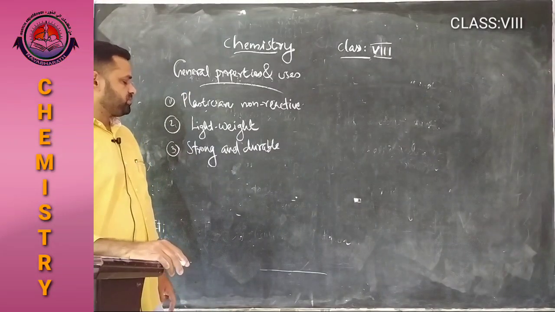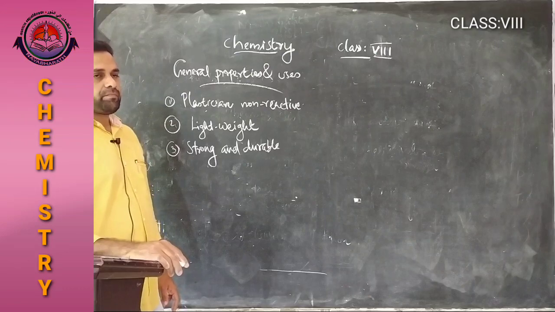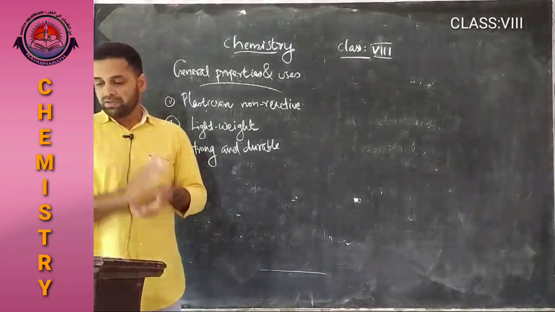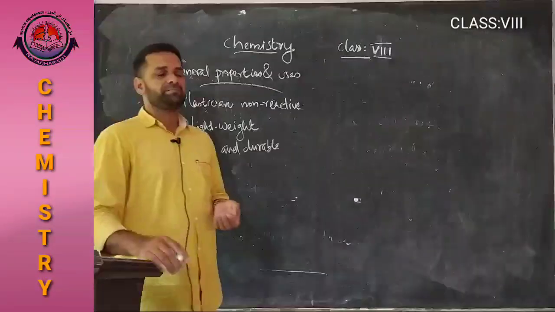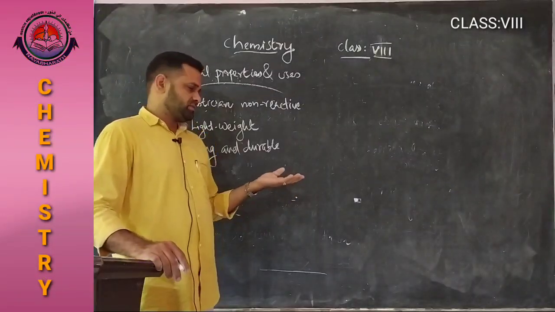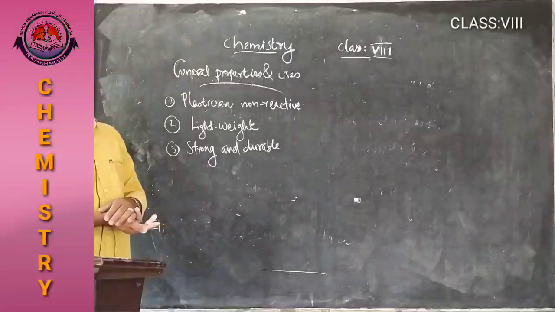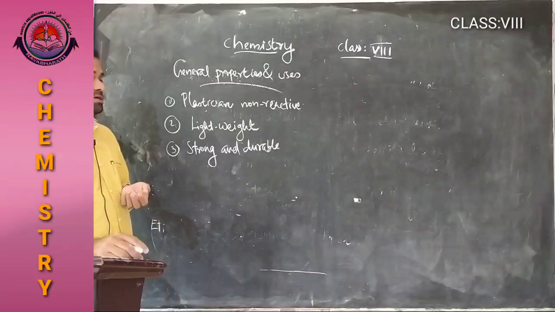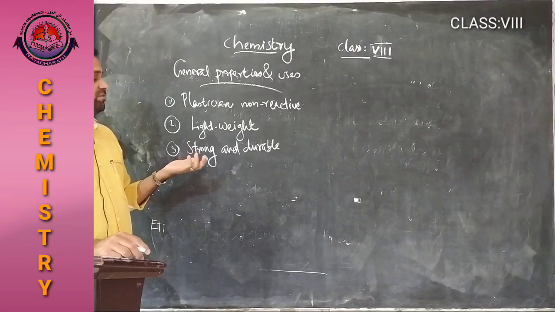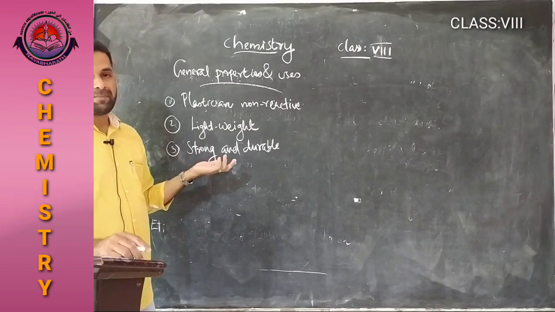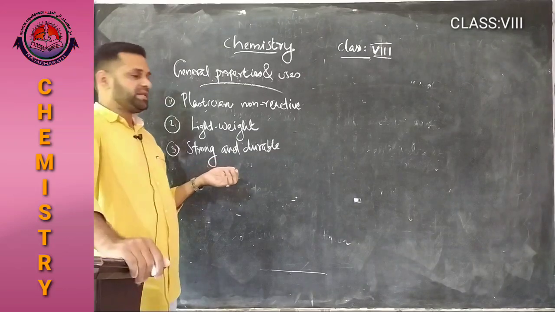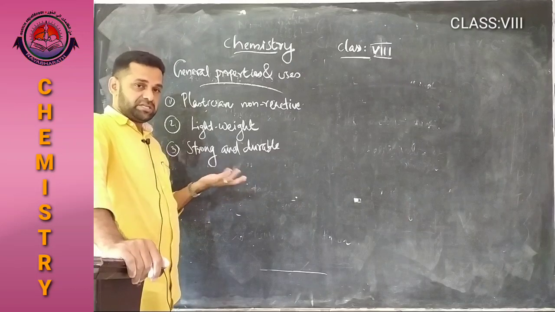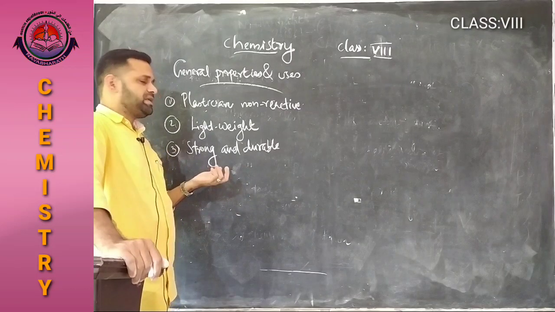We know that melamine is used for making unbreakable utensils, that is dinnerwares. Dinnerwares are made up of melamine. Melamine is a kind of plastic that is used for making unbreakable dinnerwares, kitchenwares, and many other things.